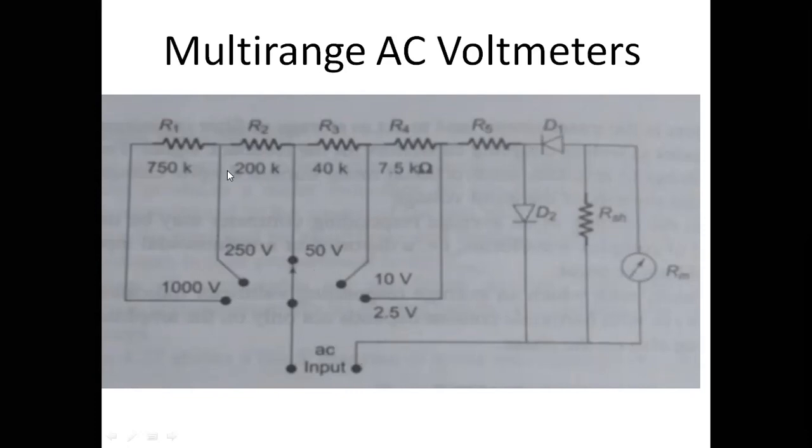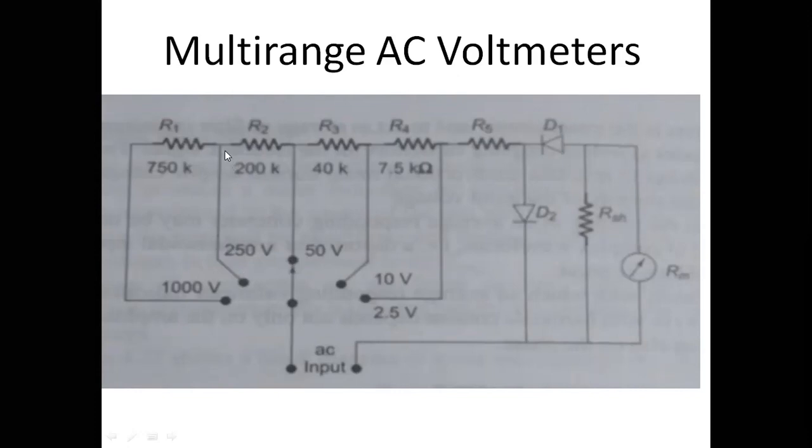Depending upon the applied input voltage range, the switch is selected to the particular point. Suppose I want to measure around 100 volts, so I will choose this range, which means the switch is connected to the 250 volts point.